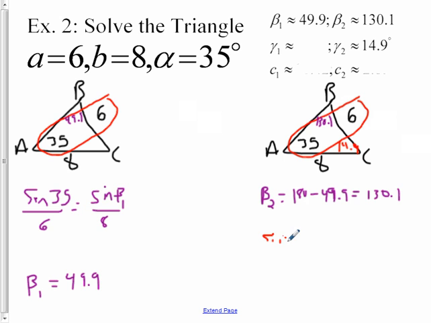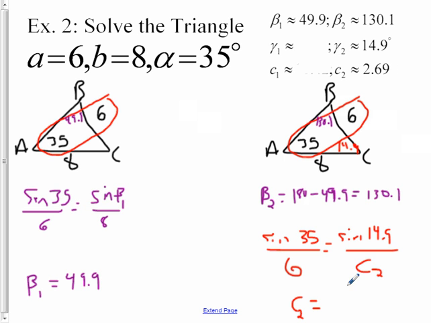So sine of 35 over 6 equals the sine of 14.9 over side length C. And once you solve it, that's C sub 2. Make sure I keep up good notation. C sub 2, you should solve and get 2.69.